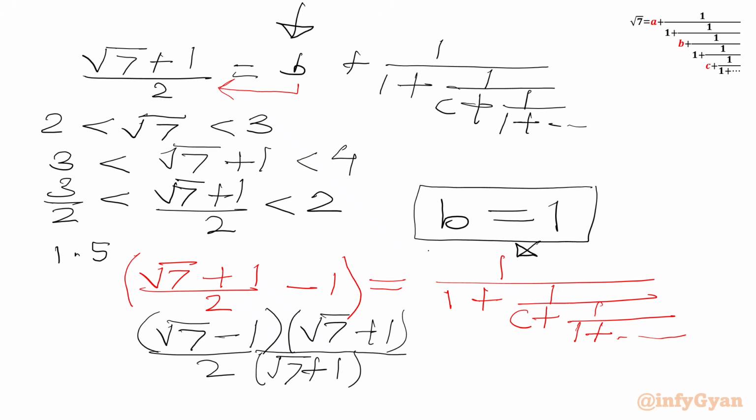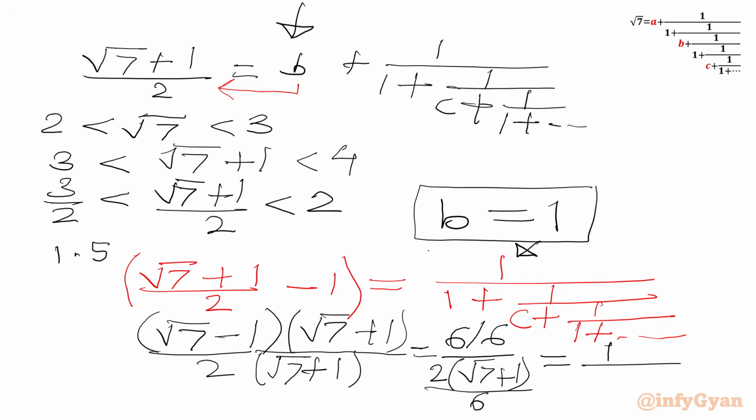Using difference of two squares formula, we are going to get 7 minus 1 in the numerator. So we'll be writing 6, and in the denominator there will be 2 times square root 7 plus 1. Now we have to divide by 6 so that our numerator will be 1. 6 over 6 is 1, and denominator will be root 7 plus 1 over 3.